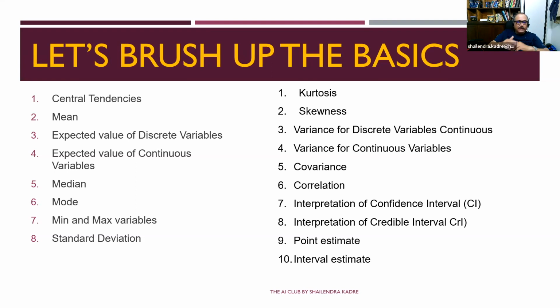If outliers are towards the lower side, your mean will move towards the lower side, and if outliers are towards the higher side, the mean will go towards the higher value. So the mean doesn't truly represent the data.